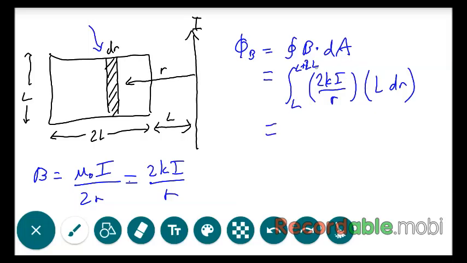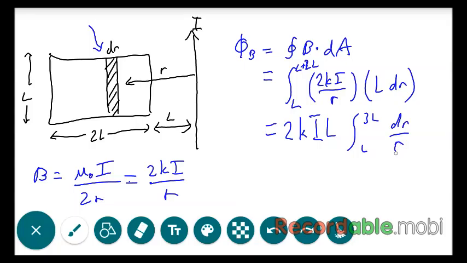Now, by bringing out the constants, 2K, i, and L are all constants. Then what's left inside is this.